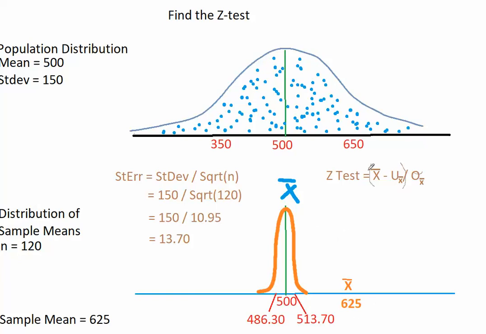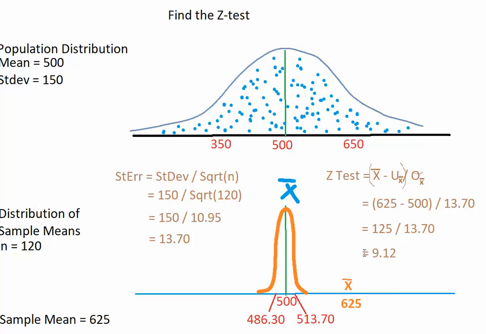I'm going to make this more accurate. I'm putting parentheses around the sample mean minus the population mean here, just so that you know that it's sample mean minus population mean, and then you divide the result by the standard error. So here we have written out the quantity 625 minus 500, and that quantity again divided by 13.70. That's 125 divided by 13.70, and that equals 9.12.